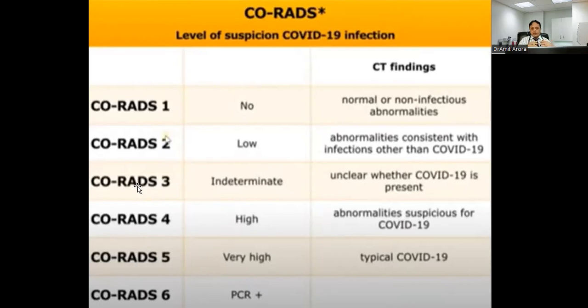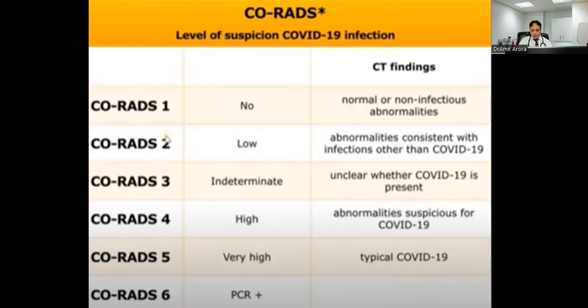So the radiologist or doctor is neither able to rule out nor able to say with confidence that it's COVID pneumonia. Number four is highly suspicious. Number five is very highly suspicious.